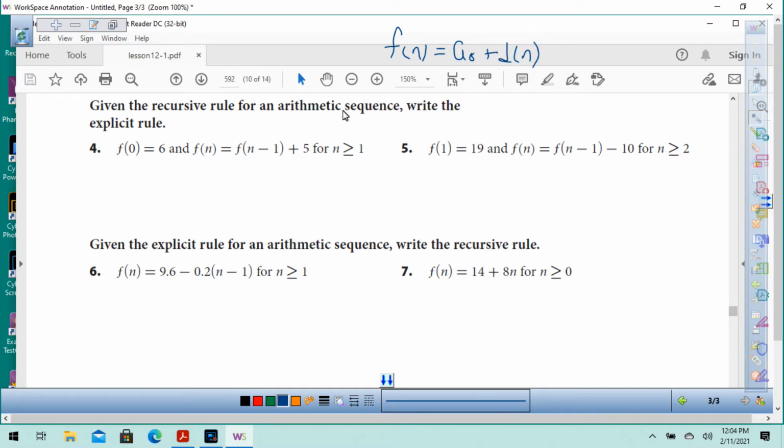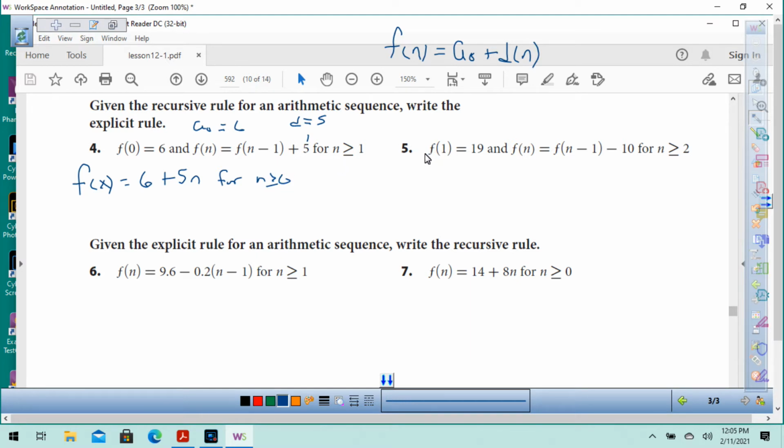All right, so we need to find a couple things. a sub 0 equals 6, and d equals 5. So our equation is going to be f of n equals 6 plus 5n, for n is greater than or equal to 0.